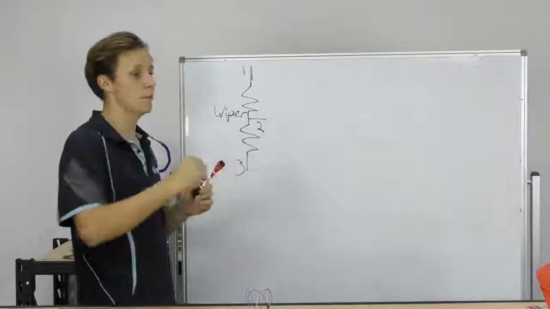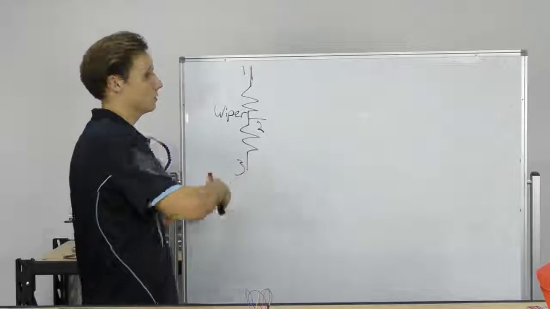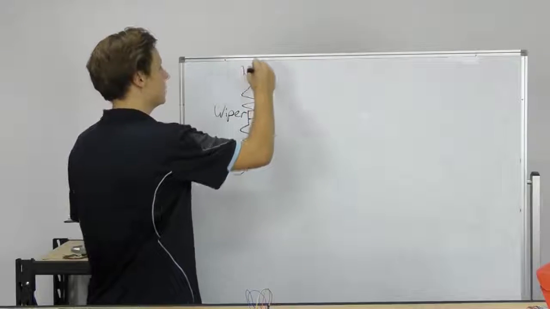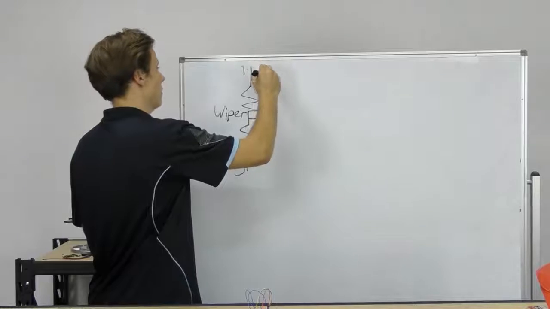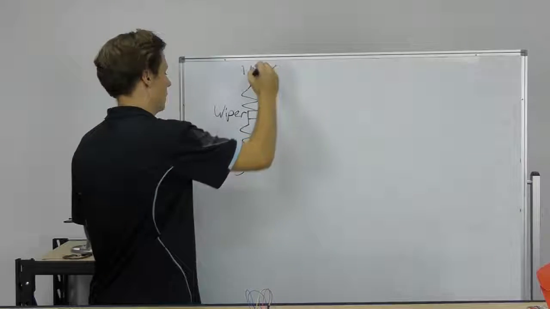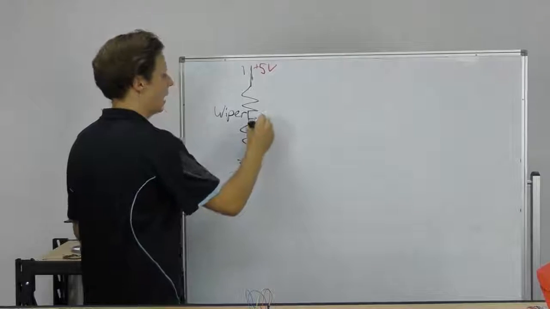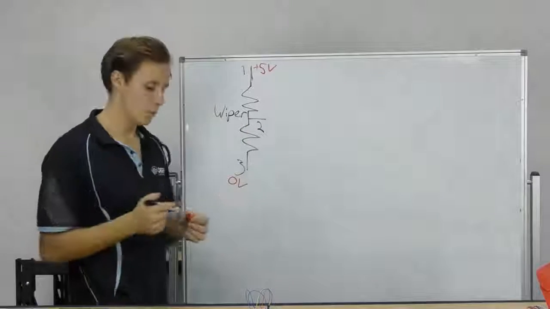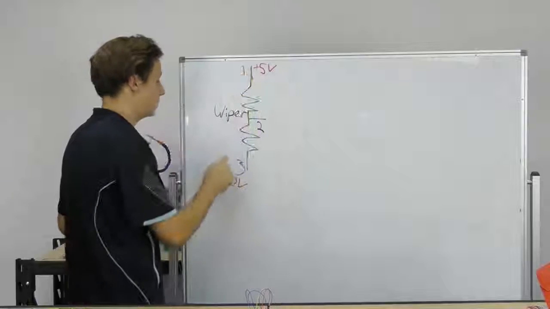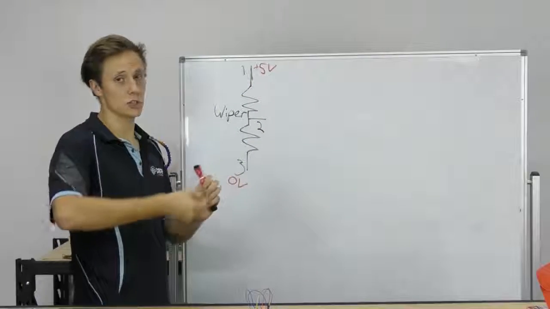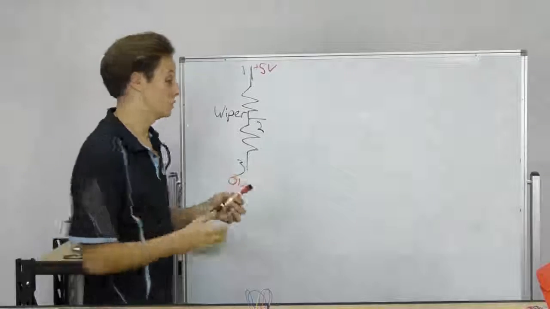You can use it as a simple variable resistor to change the resistance by only connecting 2 of the legs up, or we can connect pin 1 to 5 volts, pin 3 to 0 volts, and pin 2 as our output signal. Now you could switch those around and connect pin 3 to 5 volts and pin 1 to 0 volts. It'll work exactly the same way, it'd just change the direction of rotation.